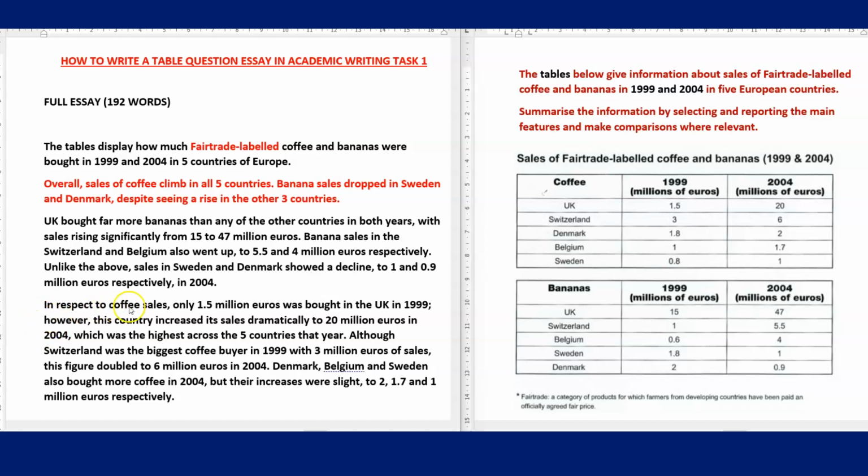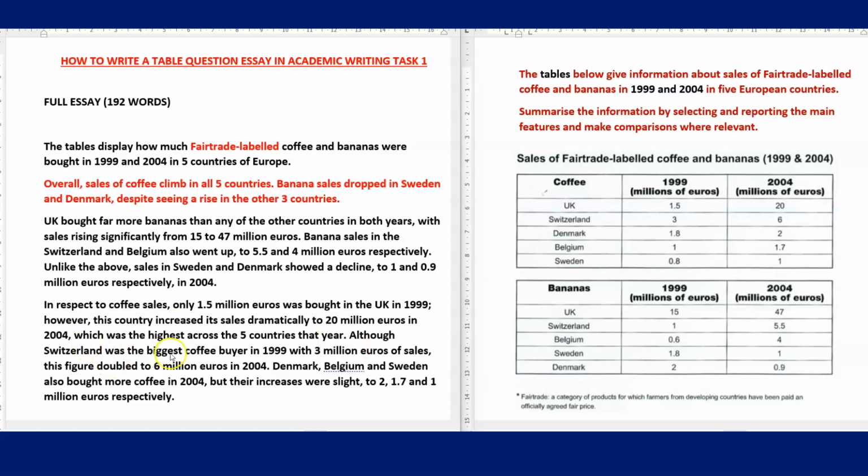In respect to coffee sales, only 1.5 million euros was bought in the UK in 1999. However, this country increased its sales dramatically to 20 million euros in 2004, which was the highest across the 5 countries that year.